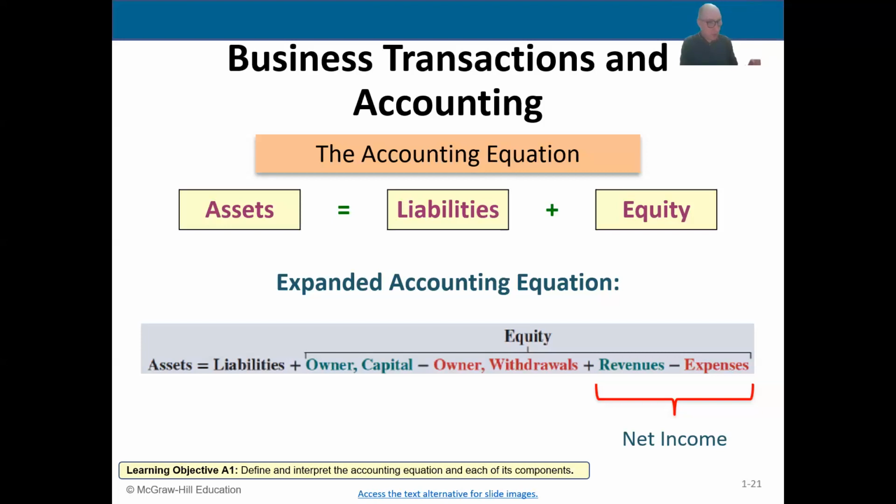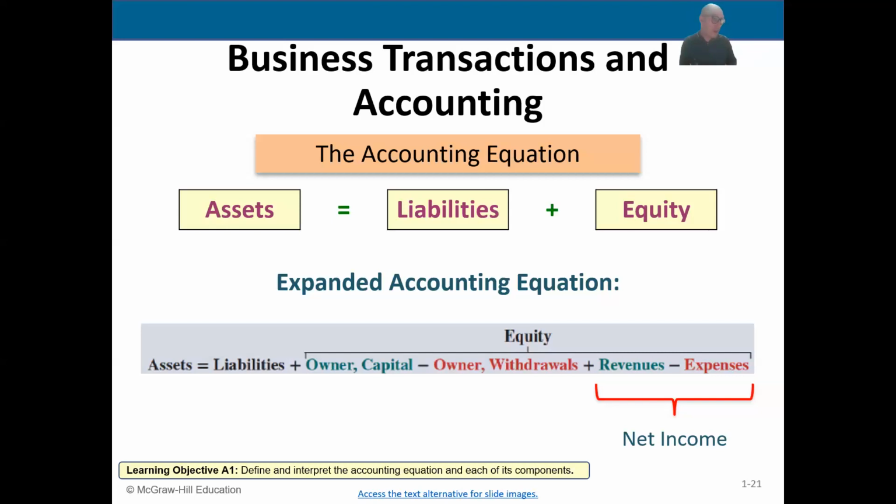Assets include things like cash, accounts receivable, that's monies owed to the business from customers that haven't paid yet, inventory, if they carry inventory, property, plant, and equipment, also known as fixed assets. Those are typical things that the business owns. We call those assets.